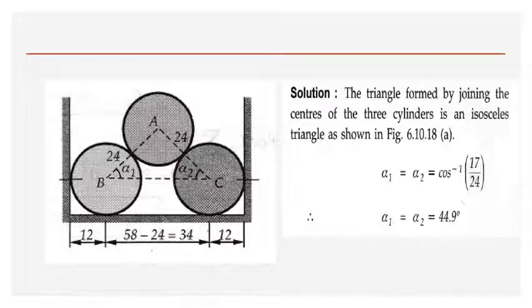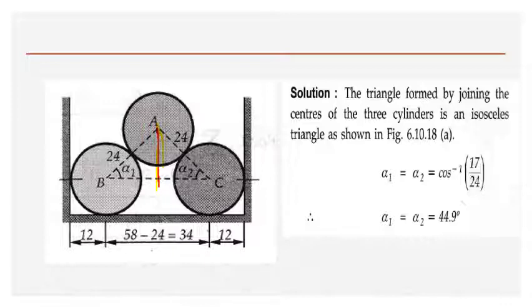So alpha 1, that is equal to alpha 2, is cos inverse. Here only this triangle is considered. We consider half of the triangle, a right angle triangle.